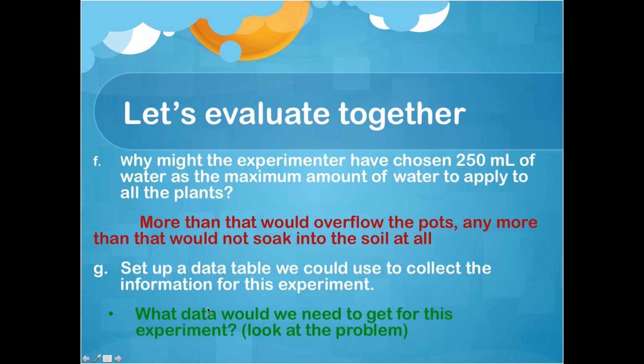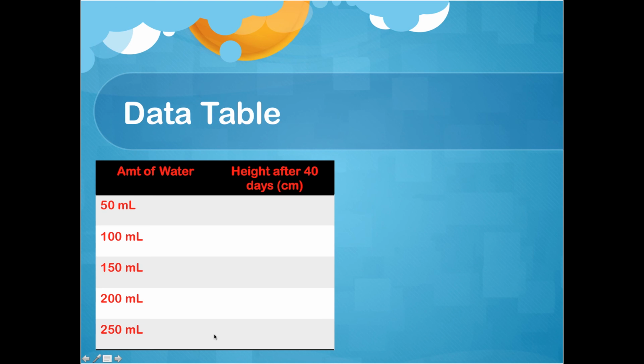The next thing we might want to think about is our data table. Now, we haven't really talked about this yet, so this is just going to be kind of your first example. So we think about what data we want to take. Well, we want to take our independent variable, which is how much water, and the growth, which is our dependent variable. So we set up a data table that kind of looks like this. The amount of water, that was our independent variable, goes down the side.